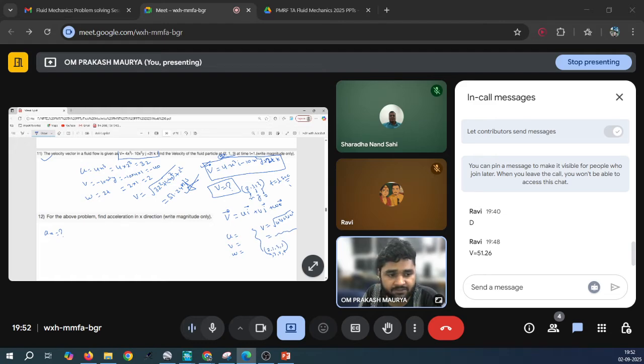The expression for x direction acceleration, I have actually already discussed in the first question, but at that time no one had joined.